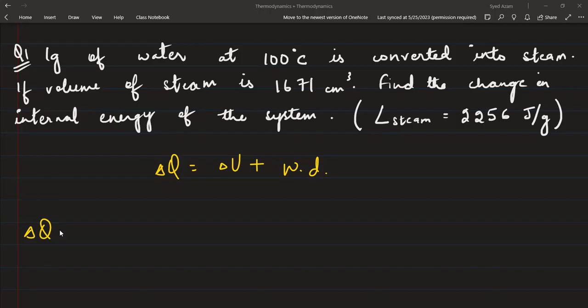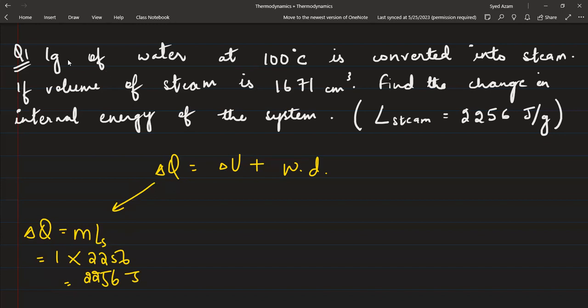Mass into L, mL. Mass into whatever is the latent heat given. So here the mass given is 1, latent heat is 2256. So 2256 joules will be delta Q.